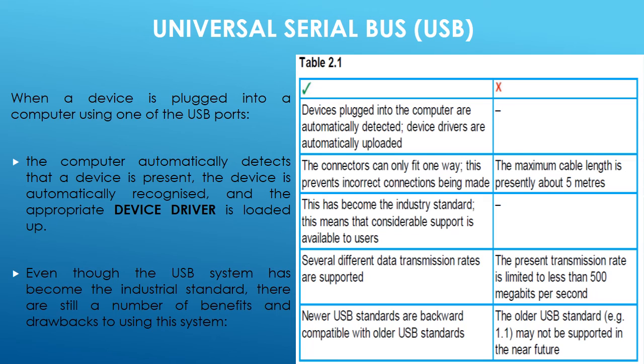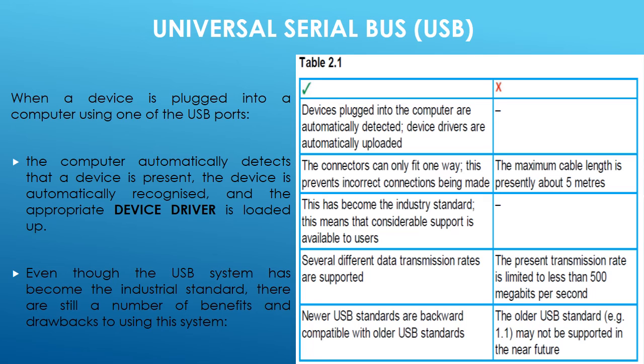There are a few drawbacks of using USB. The first one is the maximum cable length is presently about 5 meters, not more than that. So the length of the cable is very short. Number two, the present transmission rate is limited to less than 500 megabits per second, but it is also increasing with the passage of time.